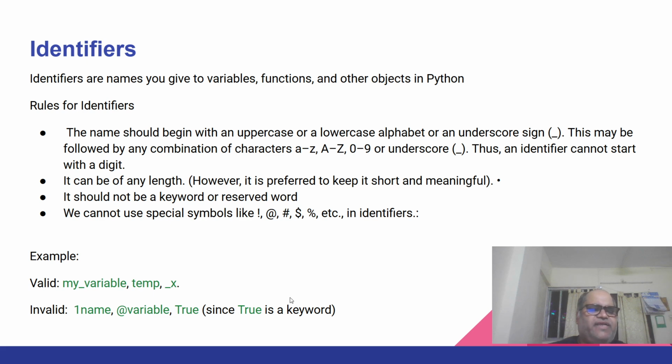On the invalid side, one name is not allowed, and @variable is not allowed because it contains special characters. True is invalid because true is a keyword. So this is the set of patterns that you have to keep in mind.